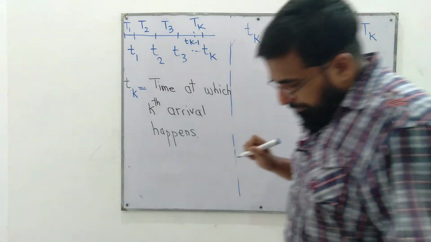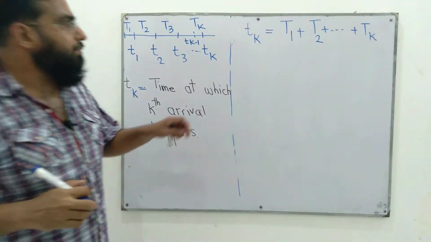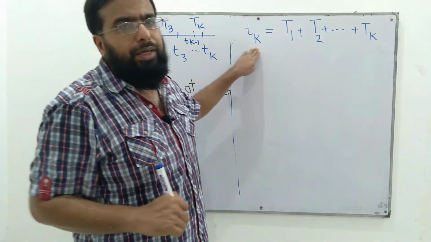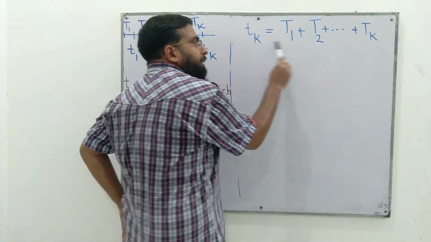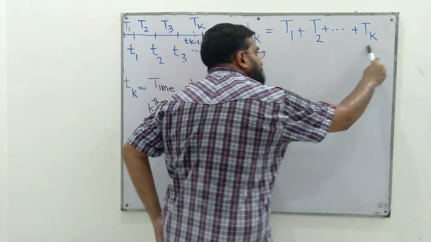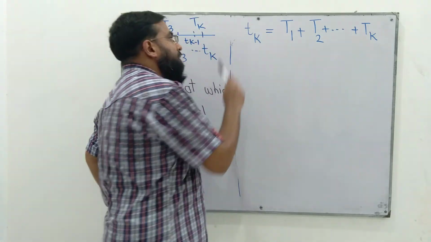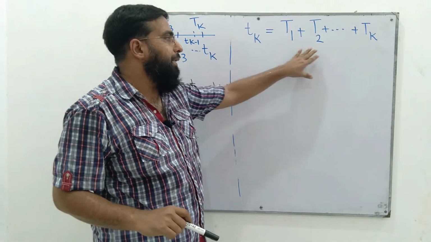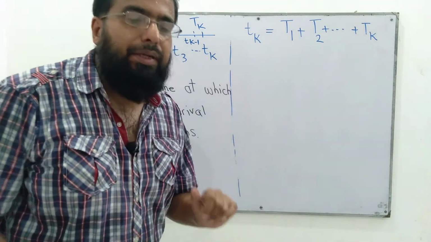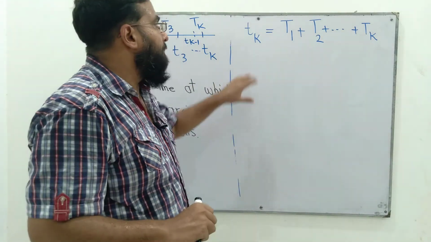So the time at which the kth arrival happens is written in terms of inter-arrival times. This capital T represents an inter-arrival time.